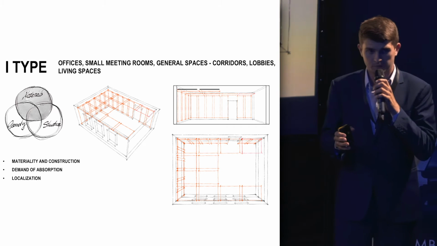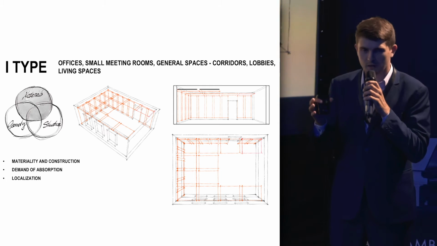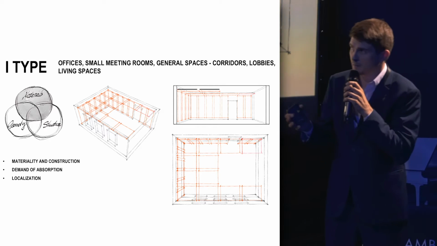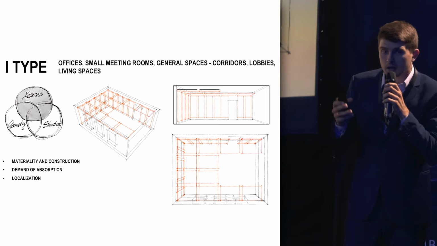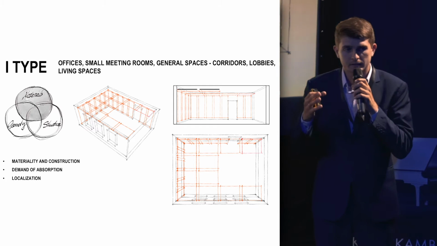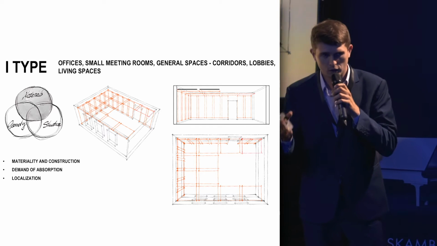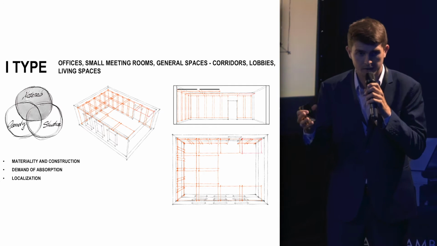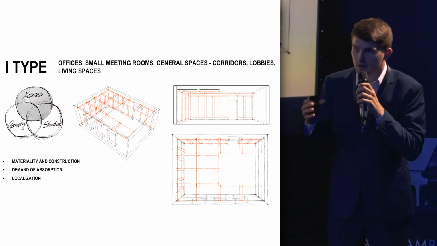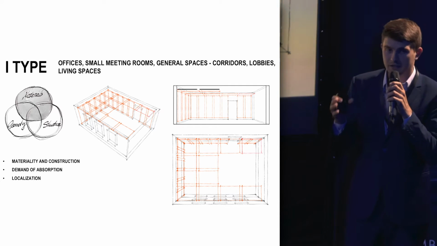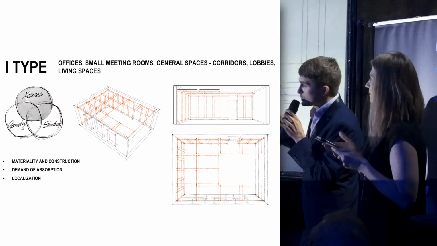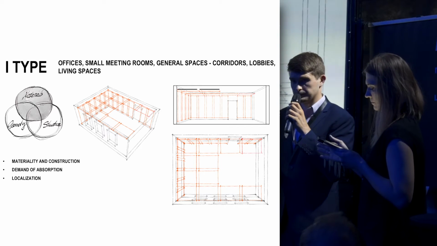Demand of absorption. Everybody knows that reverberation is the main criterion when we're talking about room acoustics. The capability of the material to absorb sound energy, plus the quantity of absorbers, makes a direct influence on the reverberation time in the room. Third one, localization.